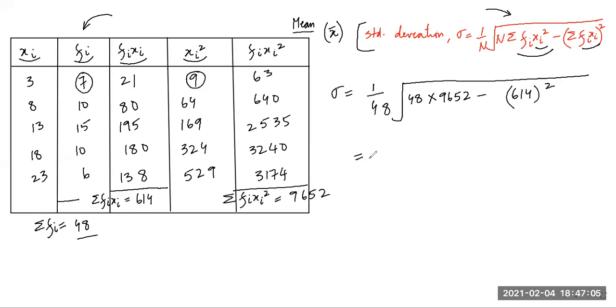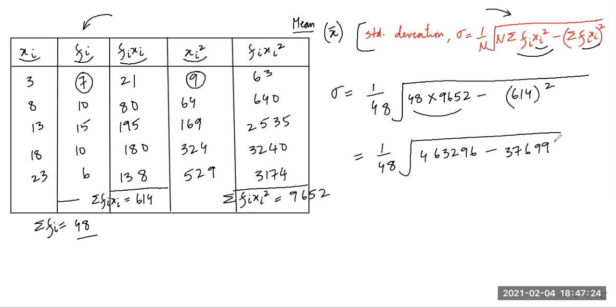So this will be, students, equal to 1 by 48 under root. When you multiply these two, you get this 463,296 minus, to the square of this, you'll get 376,996. Okay, it'll be more calculation, but you can do it.